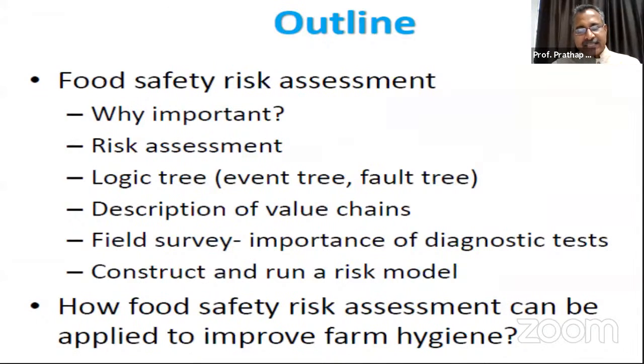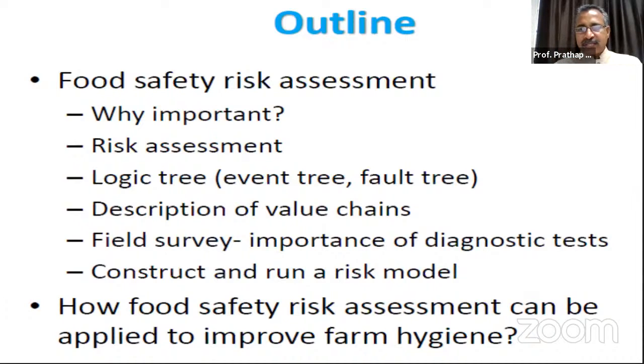Then construct and run a risk model, because when you talk about food safety risk assessment, many people think that risk assessment is a laboratory analysis. No, laboratory analysis and laboratory tests are only one component of risk assessment. It is actually a combination of laboratory analysis or the science, statistical models, epidemiology, and economics, and much more than that.